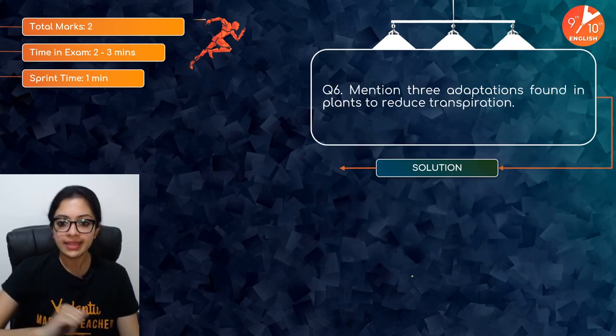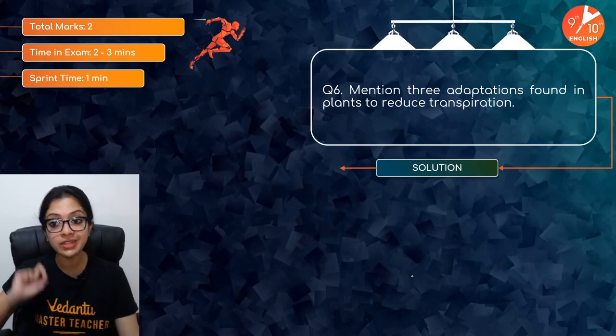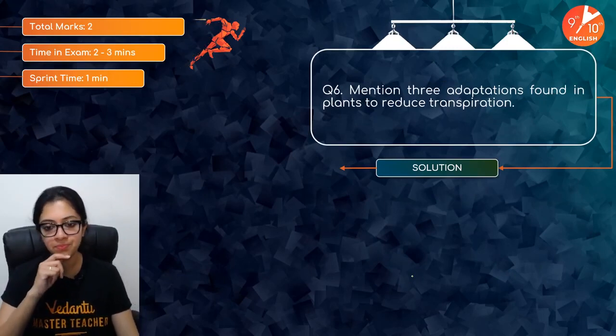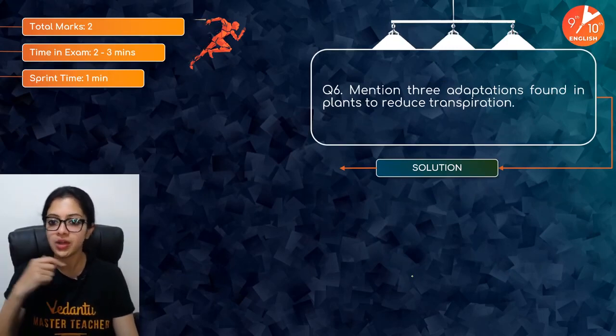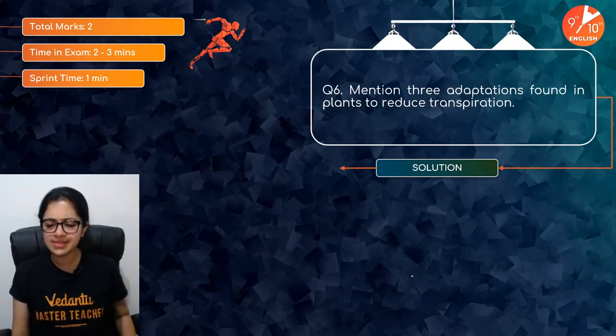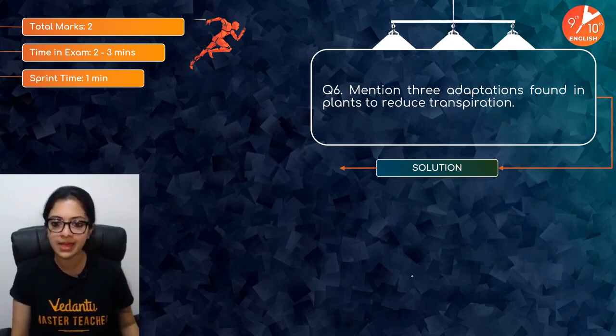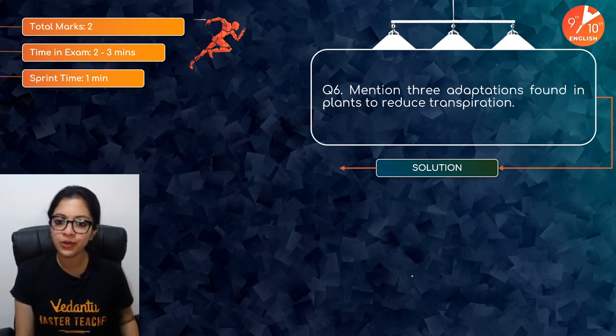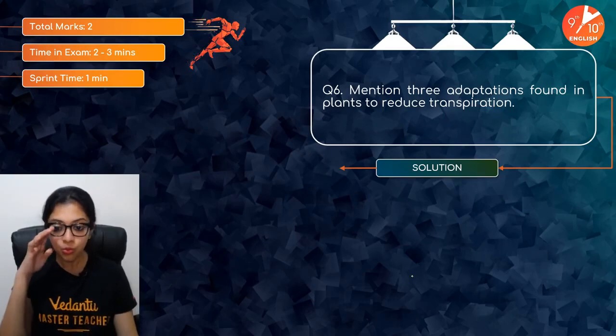Okay. Sixth one. Mention 3 adaptations found in plants to reduce transpiration. Okay, 3 adaptations. Well, I would say this could come as a 1 mark or a 1.5 mark or a 2 marks question, depending upon where it's found.